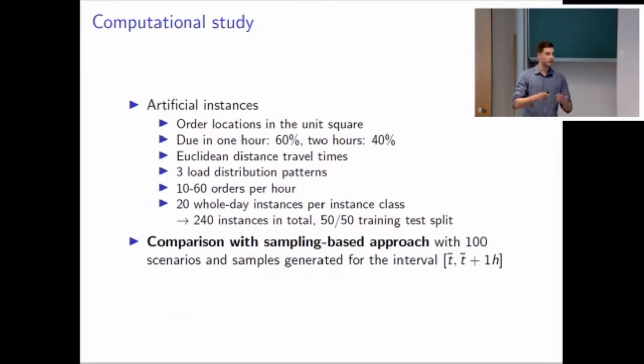We also call these orders per hour load. The three load distribution patterns are steady, rising, and falling over the whole day. We compare our approaches with a sampling-based approach with 100 scenarios and samples generated for up to 1 hour into the future.